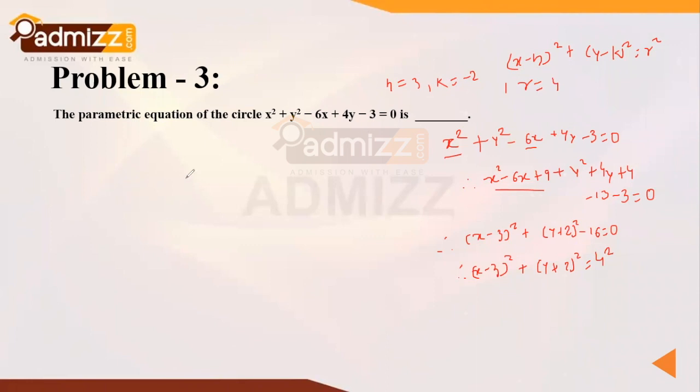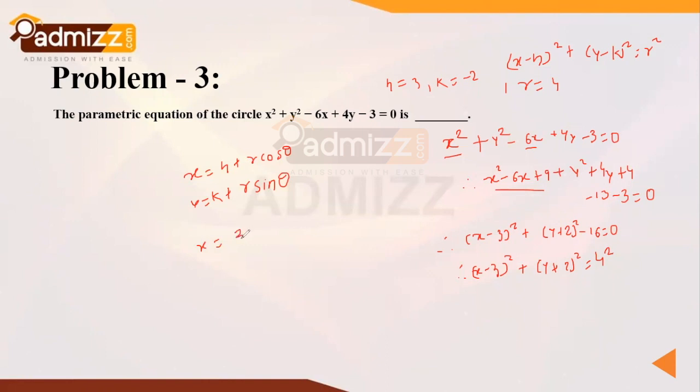So the parametric equation of circle is x equals h plus r cos theta and y equals k plus r sine theta. On substitution of values of h, k and r, we obtain x equals, what is h?